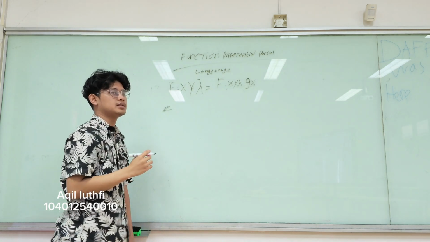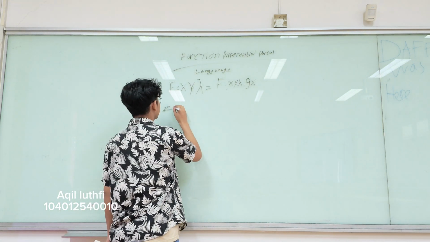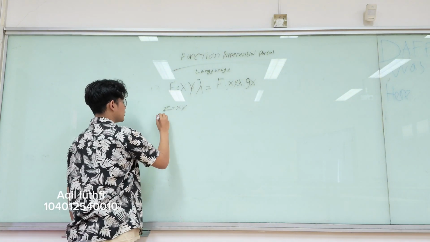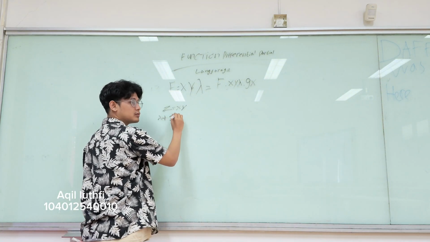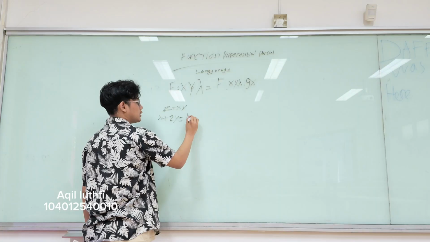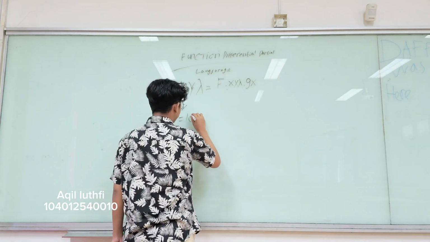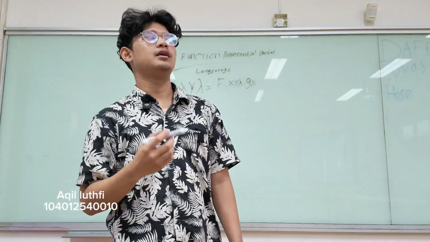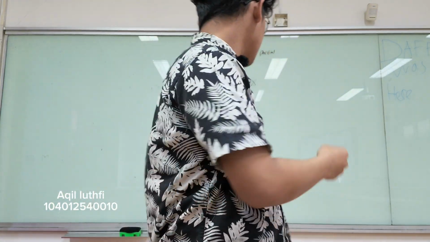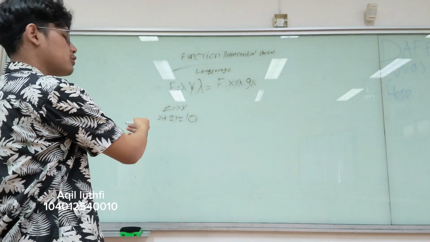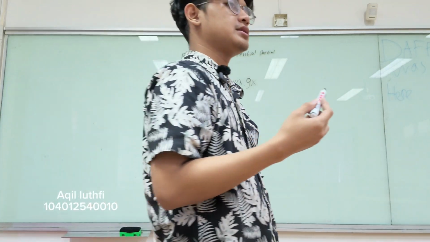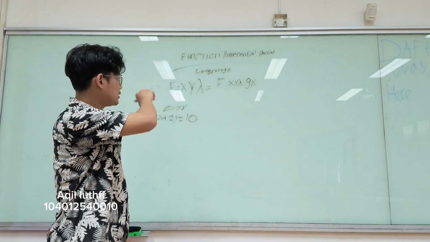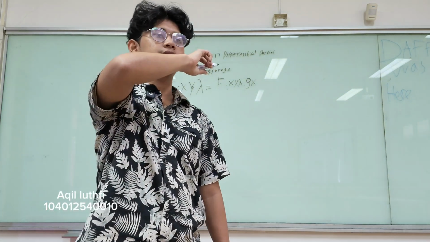We know there is z = xy, with x plus 2y equal 10. So how can we solve this exercise? As you can see, there is f(x, y).